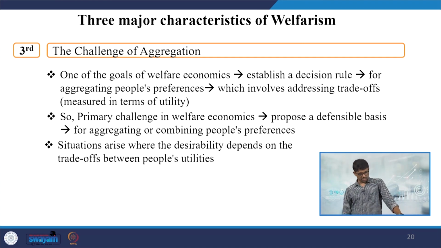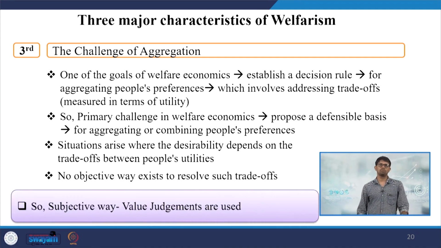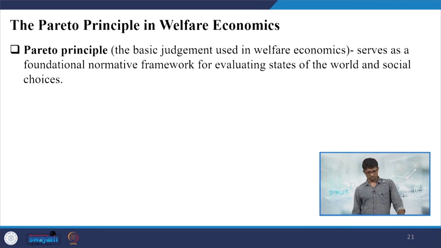Hence, situations arise where desirability depends on the trade-off between people's utilities. No objective way so far exists to resolve such trade-offs to aggregate their welfare. So it is largely subjective and value-judgment based. Value judgment methods are usually used to understand this.